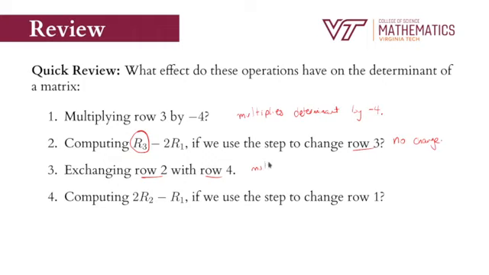This multiplies the determinant by a factor of -1. And finally, what happens if we compute this combination, but we're using it to change row 1? Well, the coefficient of row 1 is a -1, and so this causes the determinant to change by a factor of -1.